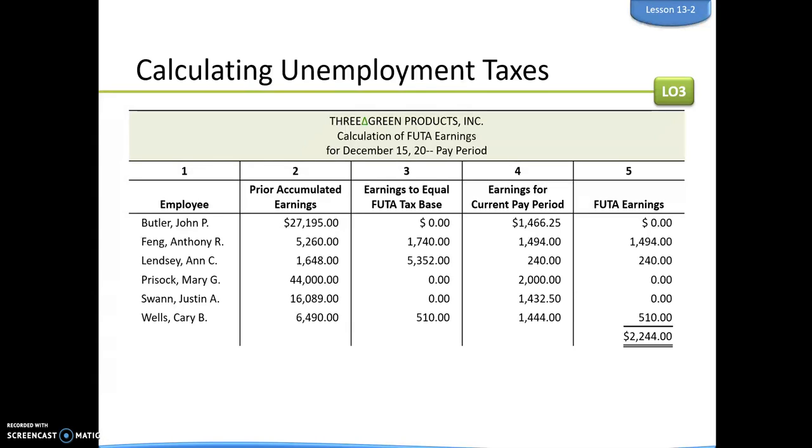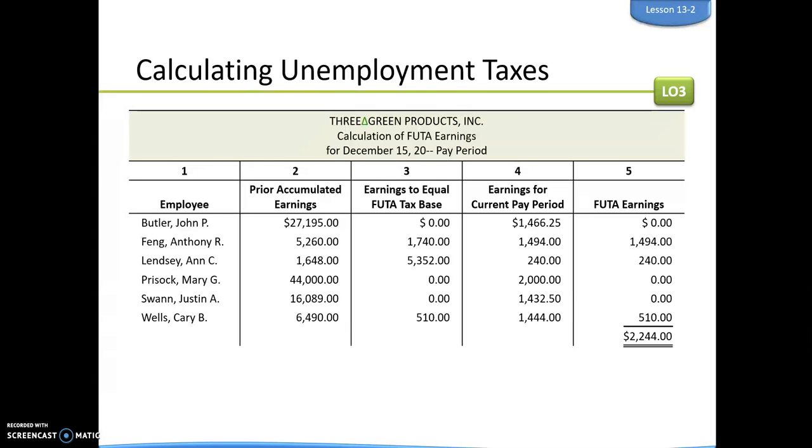Since that is above the $7,000 threshold, there's zero that goes towards the federal unemployment tax. Then earnings for the current pay period. So the federal unemployment taxable earnings would be zero for that employee.